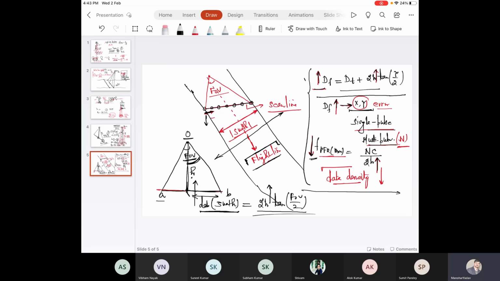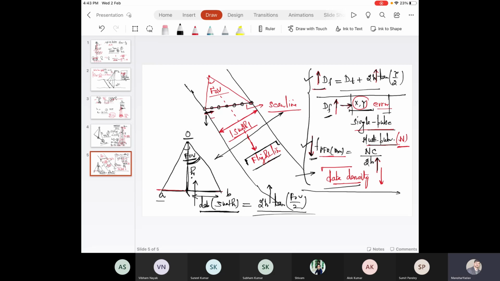Okay. So these two equations talk about how at higher altitude the quality is decreasing. In the second case, quality is decreasing in terms of data density, while in the first case, quality is decreasing in terms of error in XY. Even in Z, a larger distance has to be traveled by the laser beam, so there will be error in Z as well at larger distance.